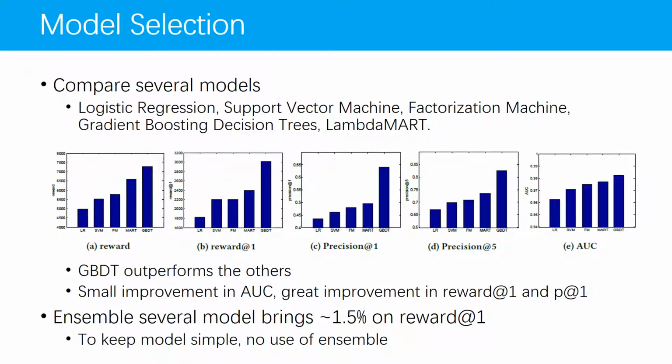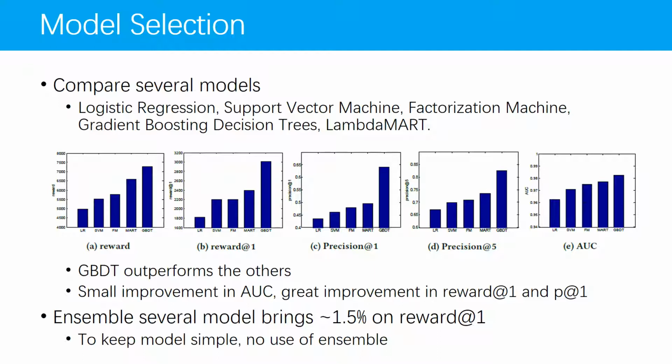After the feature set is ready, we compare the performance of various machine learning models, including logistic regression, support vector machines, factorization machines, gradient boosting decision trees, and also one pairwise ranking method, LambdaMART. For each method, we tune its best parameters through a holdout validation set.